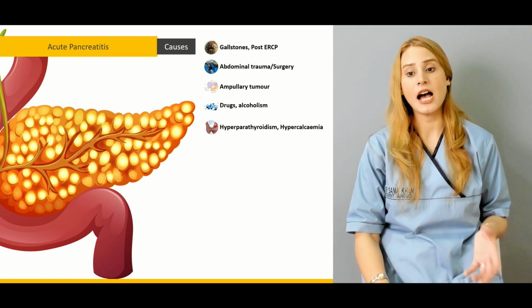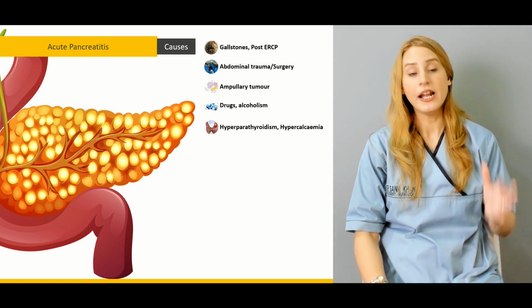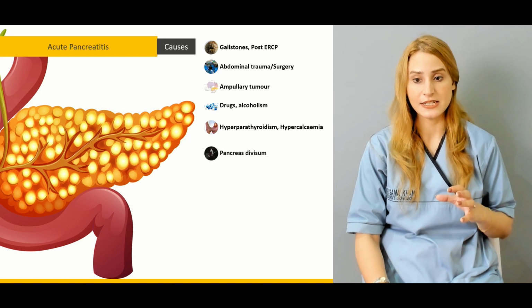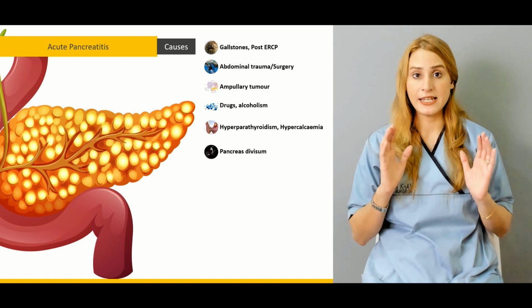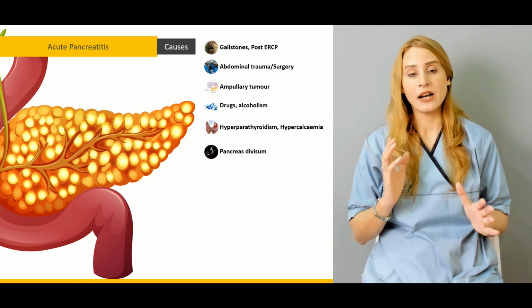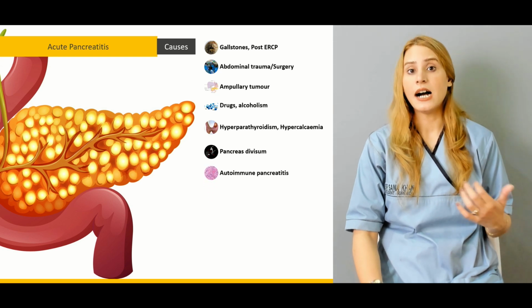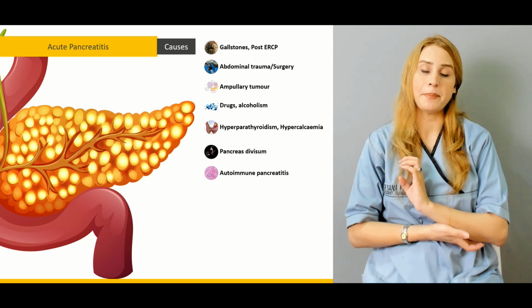Other than that, hyperparathyroidism and hypercalcemia are also among the causes of acute pancreatitis. If we particularly talk about the pancreatic causes, then pancreas divisum is one cause. Then there is another entity, autoimmune pancreatitis.